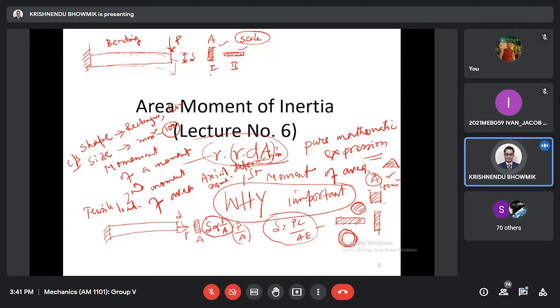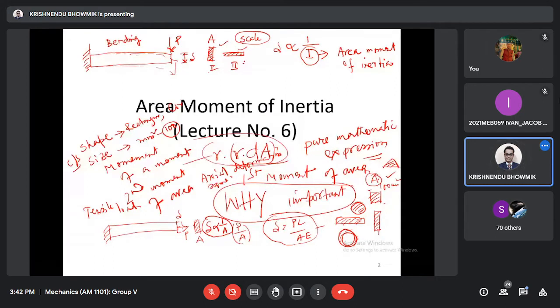Actually, in this case, deflection will be proportional to 1 by some other term we call I. This I is the area moment of inertia, and we'll show that I for case 2 is less. That's why deflection will be more.